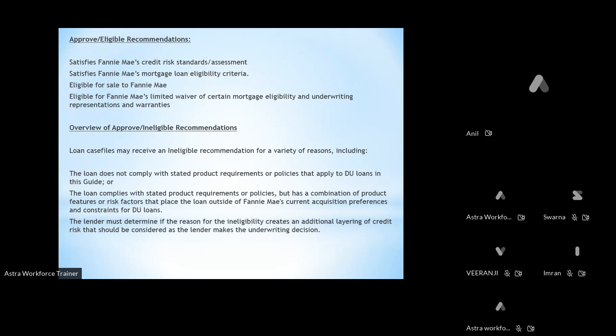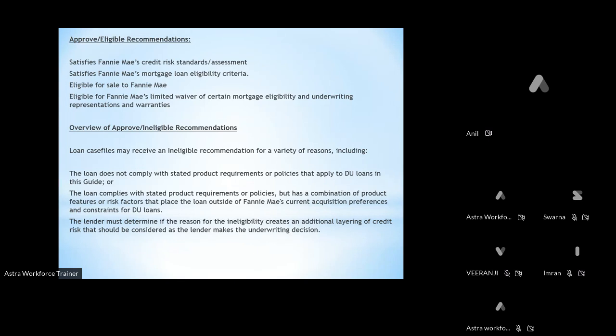Approve eligible recommendations: satisfies Fannie Mae's credit risk standards assessments. Satisfies Fannie Mae's mortgage loan eligibility criteria. Eligible for sale to Fannie Mae. Eligible for Fannie Mae's limited waiver of certain mortgage eligibility and underwriting representations and warranties.